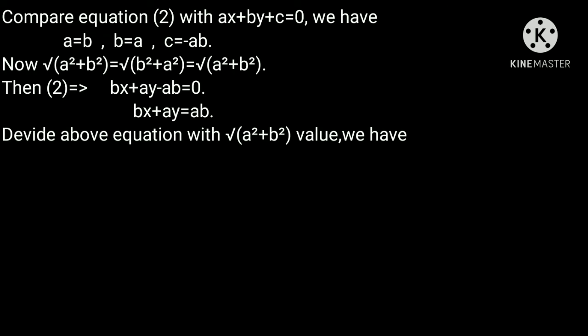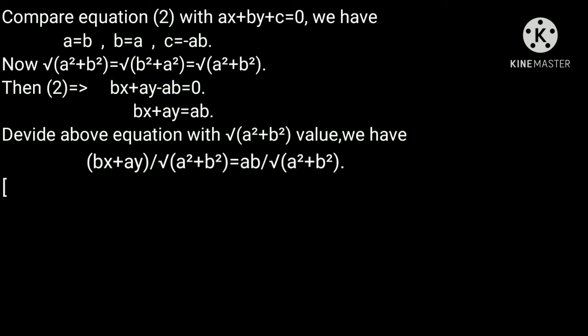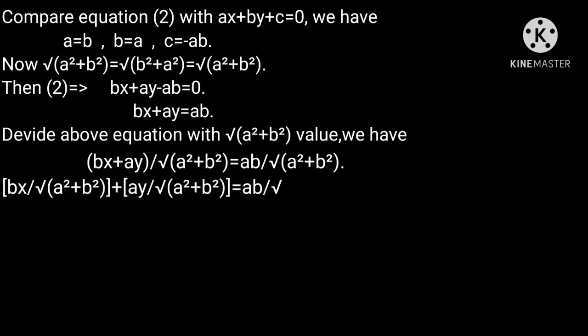bx plus ay by square root of a square plus b square equal to ab by square root of a square plus b square. Next, bx by square root of a square plus b square plus ay by square root of a square plus b square equal to ab by square root of a square plus b square.